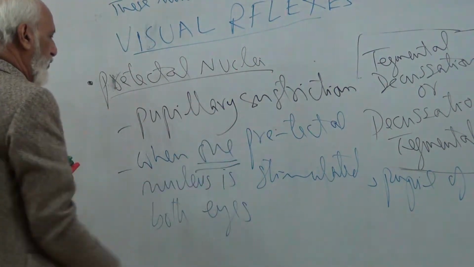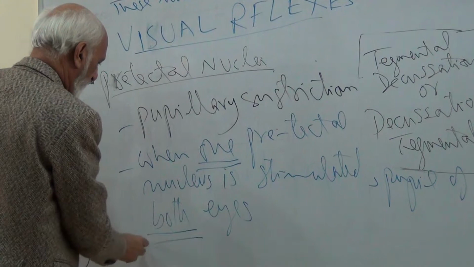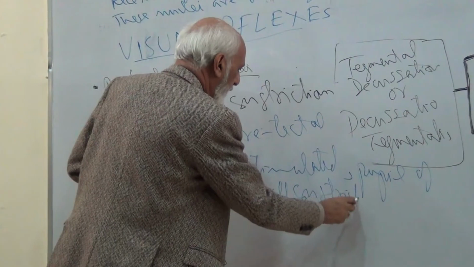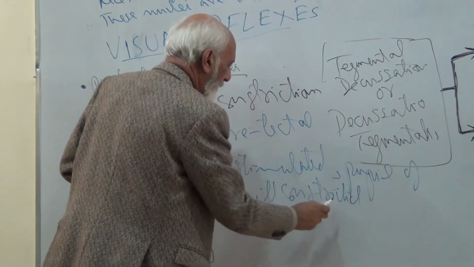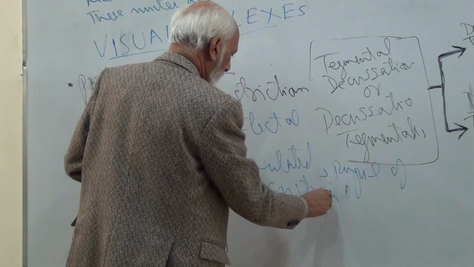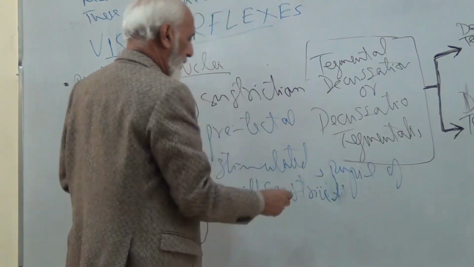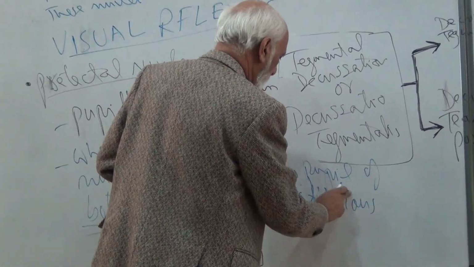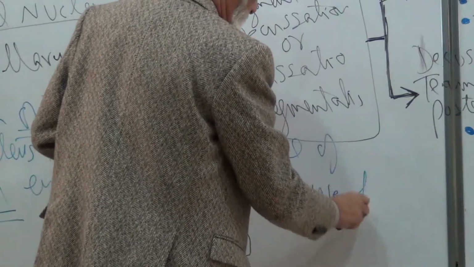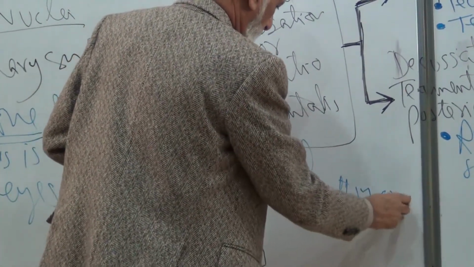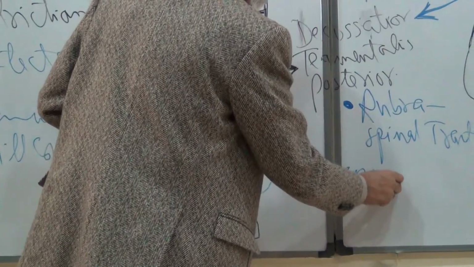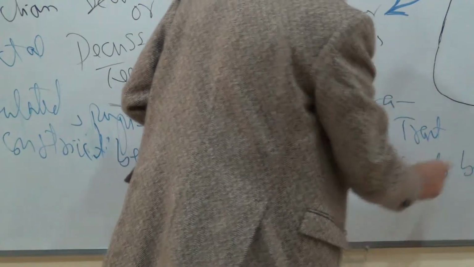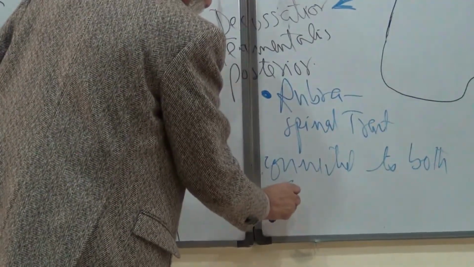When one pretectal nucleus is stimulated, the pupil of both eyes will constrict, because they are connected to both Edinger-Westphal nuclei of the oculomotor nerve.